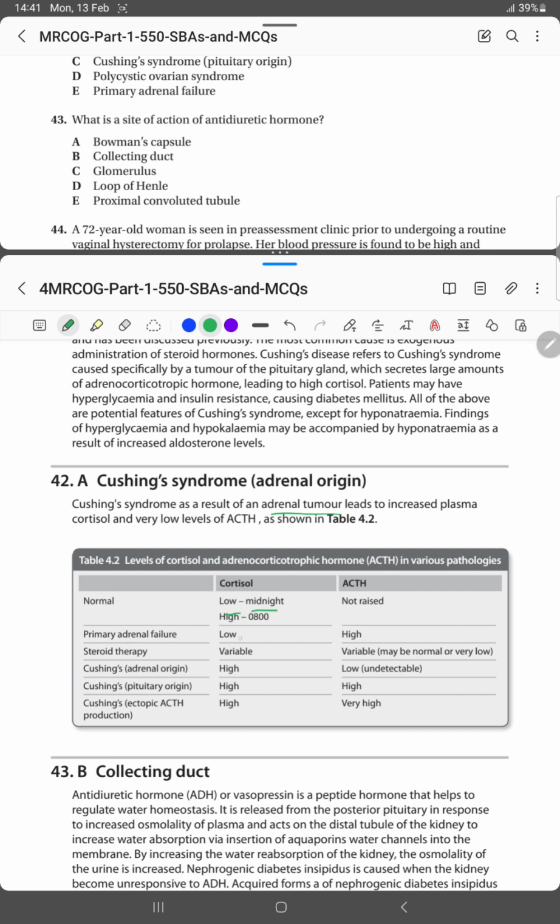In primary adrenal failure there are low cortisol levels but high ACTH. In steroid therapy, the cortisol and ACTH levels are varied. In Cushing of adrenal origin, there are high cortisol levels and ACTH is undetectable. In Cushing of pituitary origin, there are high cortisol levels and high ACTH. In Cushing with ectopic ACTH production, cortisol levels are high and ACTH is very high.